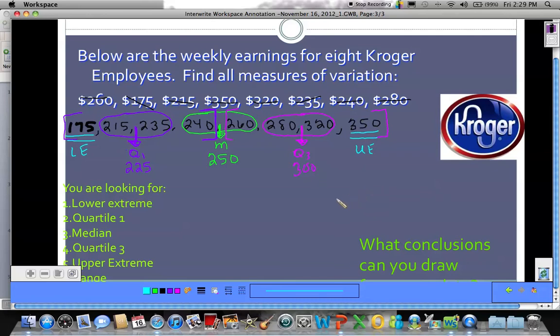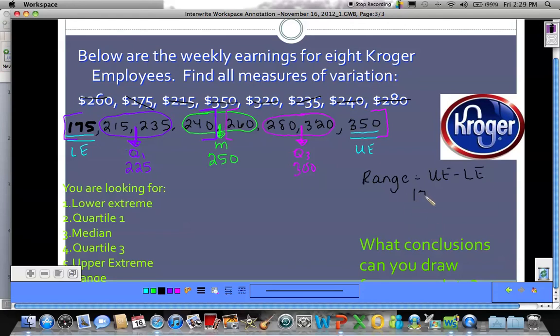All right, they also wanted us to find the range. So remember, my range is my upper extreme minus lower extreme. So that's going to be 350 minus 175, which gives me 175.